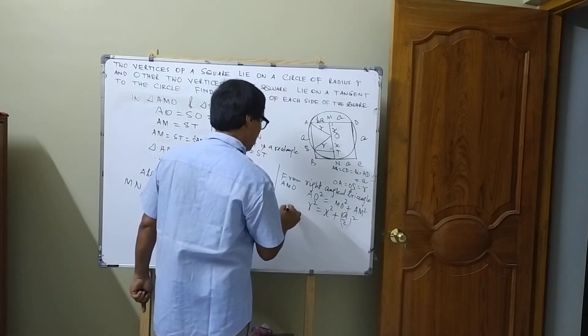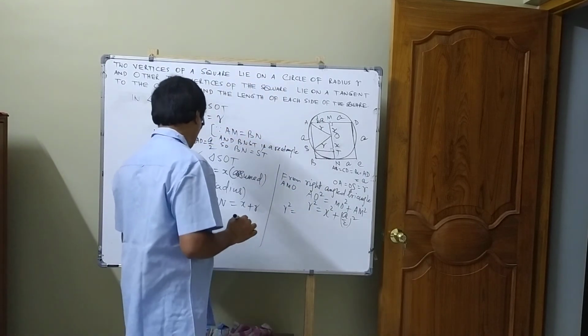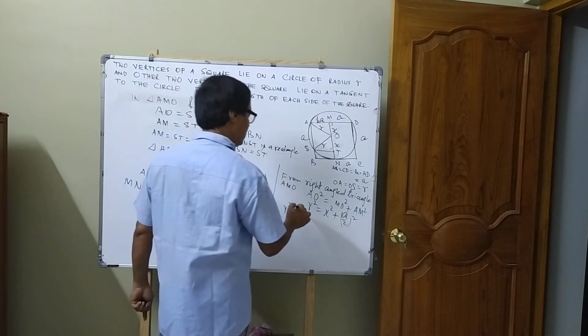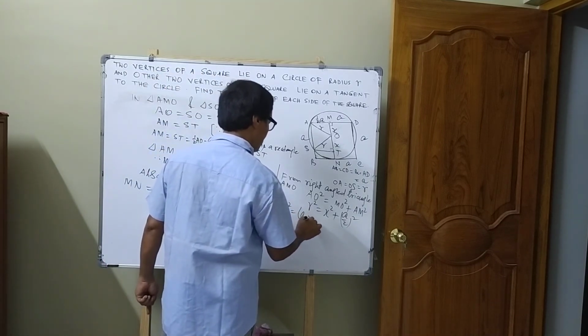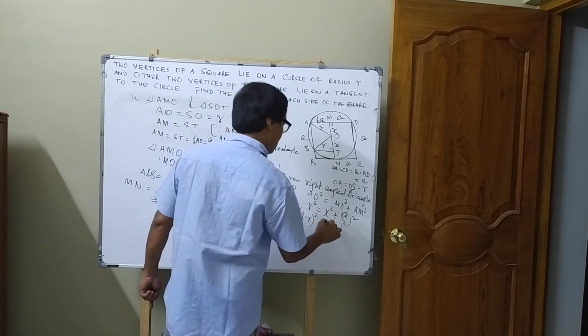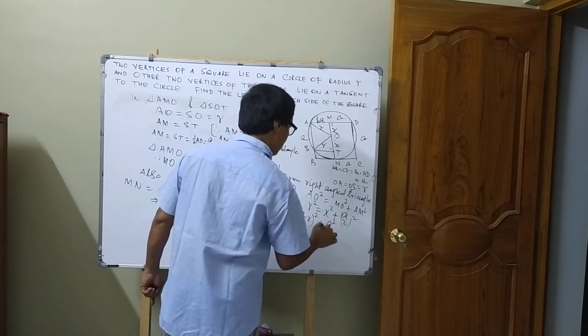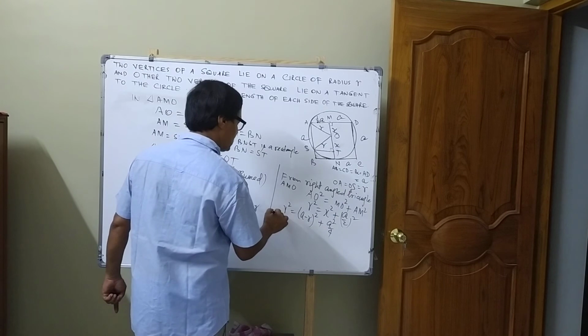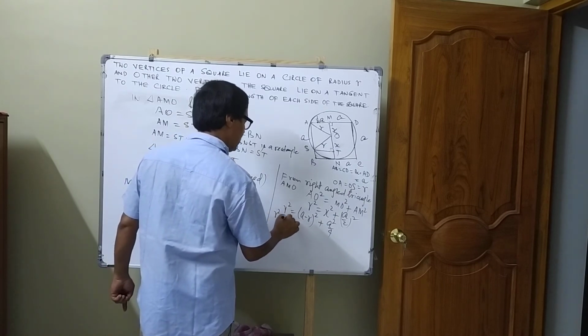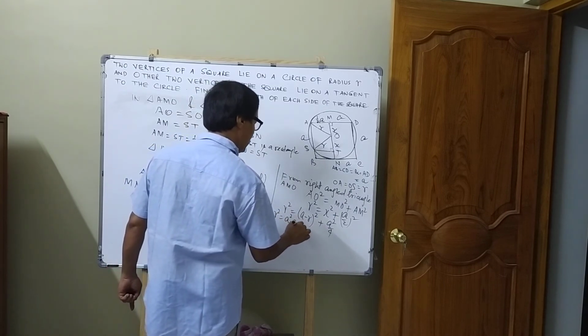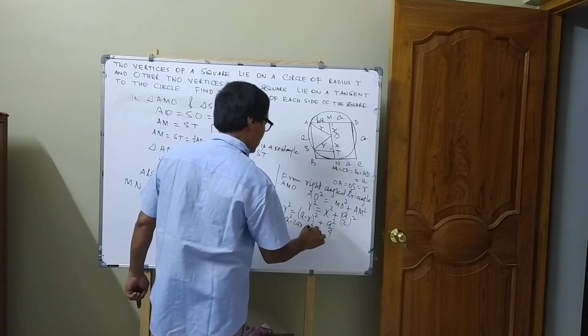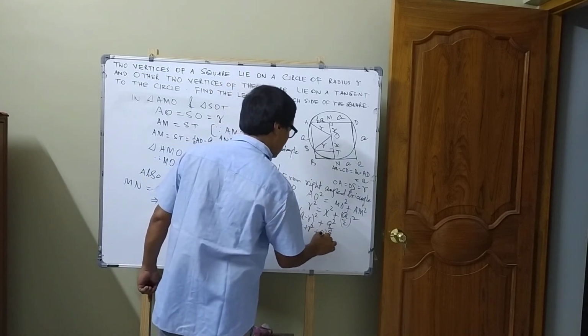So R square equal to X square, X is A minus R square, plus A square over 4. R square equal to A square minus 2AR plus R square plus A square over 4.